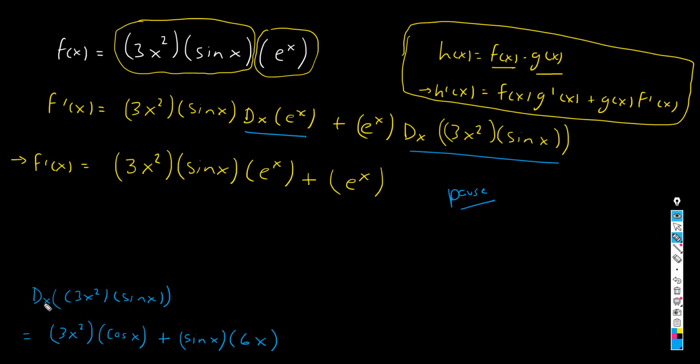You see, and I'm done. I have already calculated the derivative of all of this function, which is itself the product of two functions, and therefore I had to apply the rule for the derivative of the product.